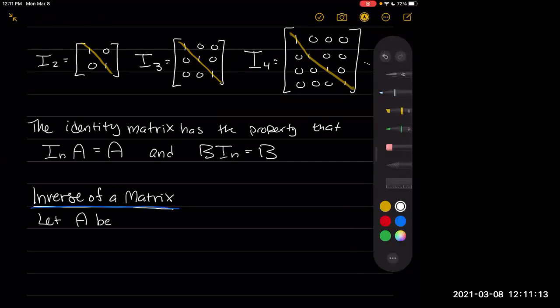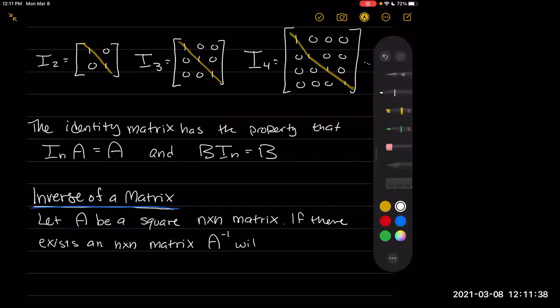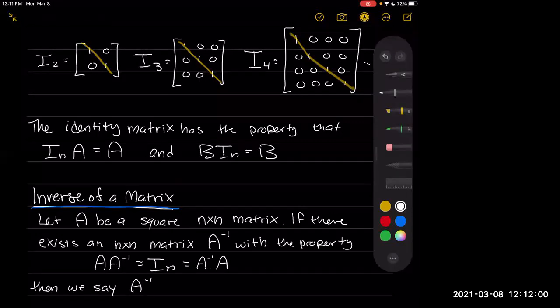So if we let A be a square n by n matrix, so n rows and n columns, if there exists an n by n matrix, A inverse, with the property A times A inverse equals the identity equals A inverse times A, then we say A inverse is the inverse of A.